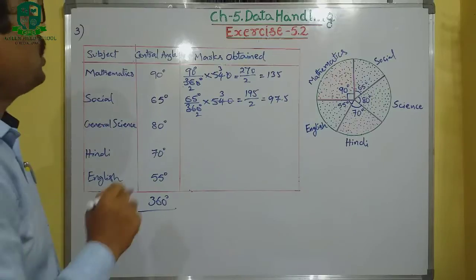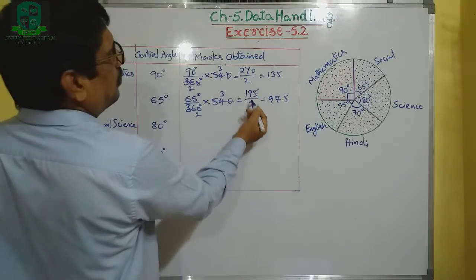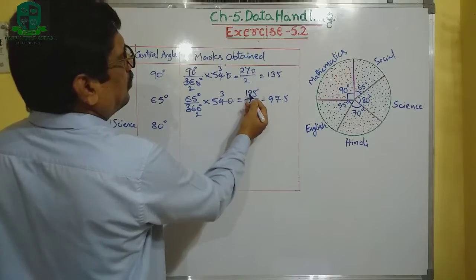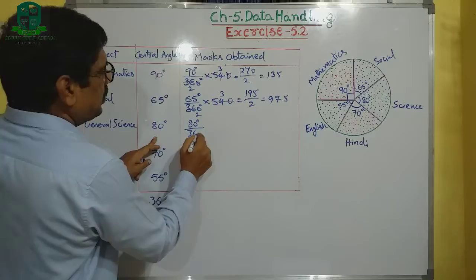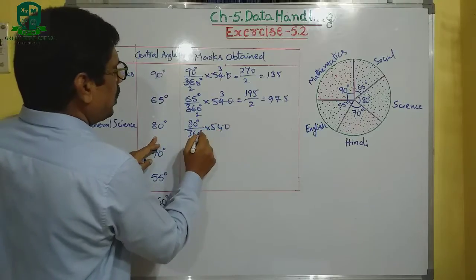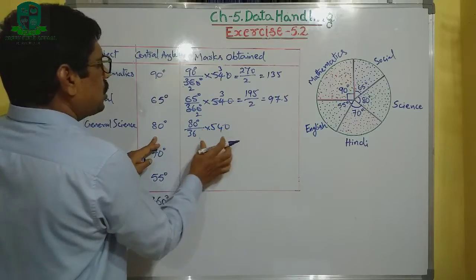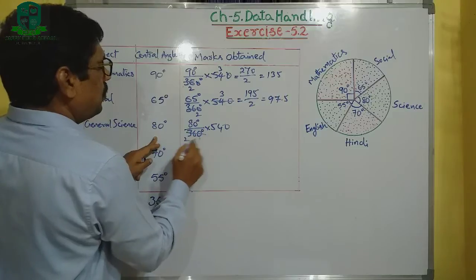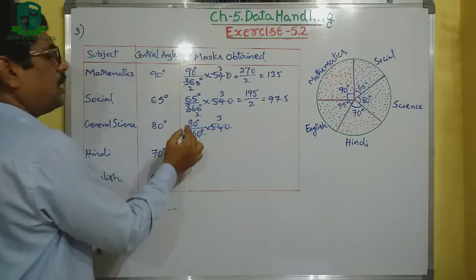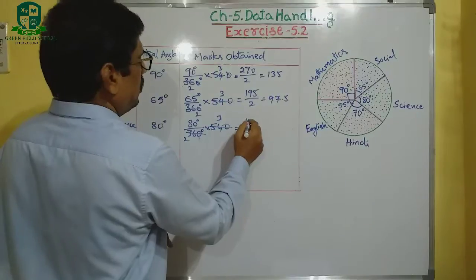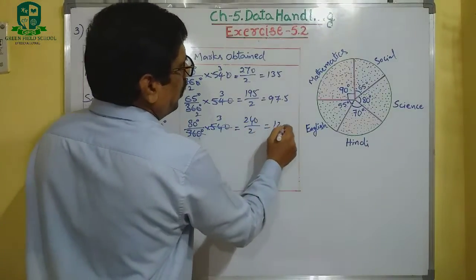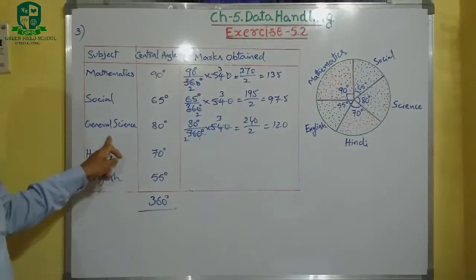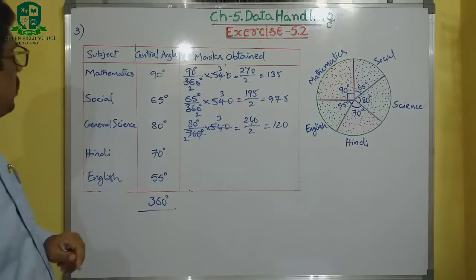Social. Next, 80 degrees out of 360 degrees into 540. Again, in the cancellation we get here 2 times, here 3. 80 into 3, 240 by 2, that is 120 marks in the subject general science.